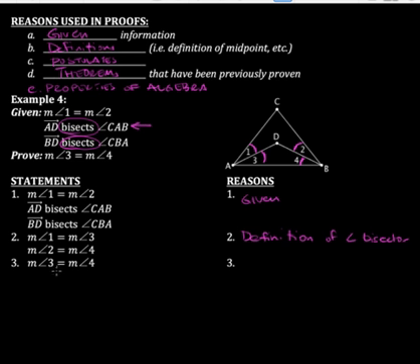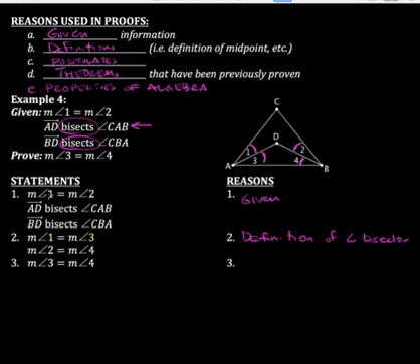So step 3 takes angle 3 and makes it congruent to angle 4. Well, how do I know that that's true? Because I turned angle 1 into angle 3, right? To color code a little bit here, in this statement, where it says angle 1 right here, I made it angle 3.